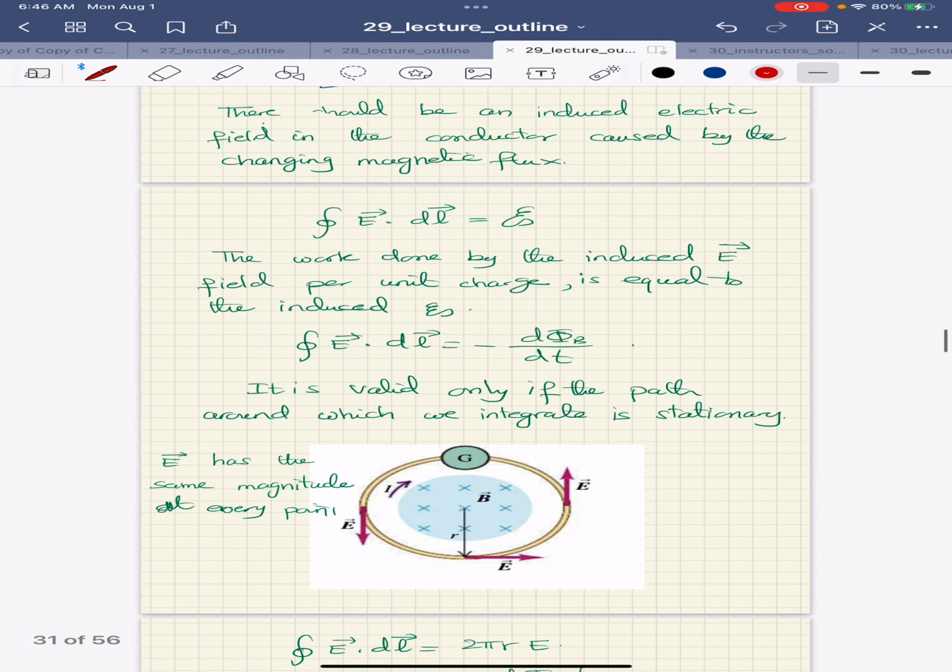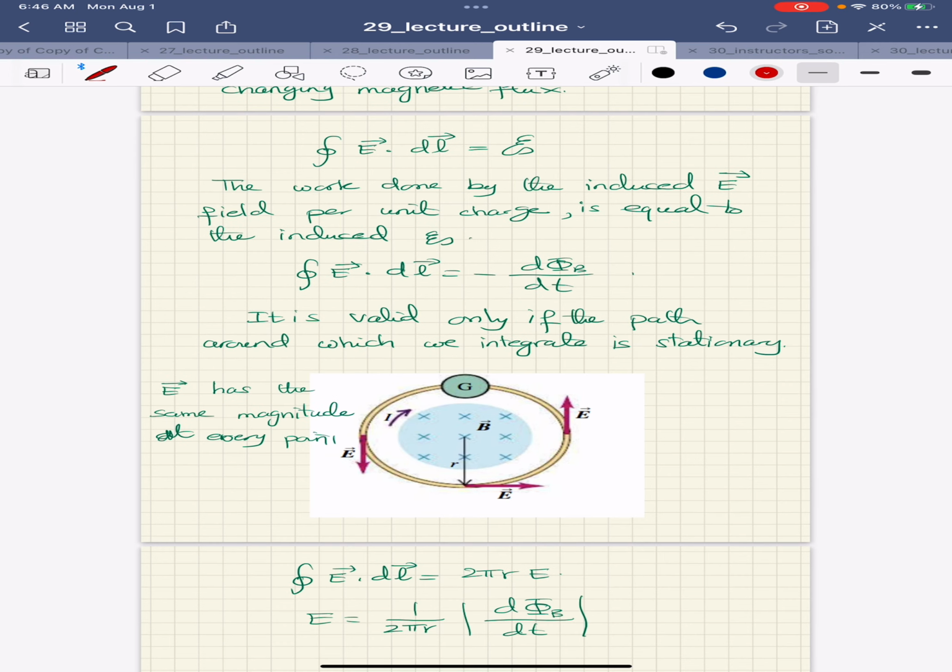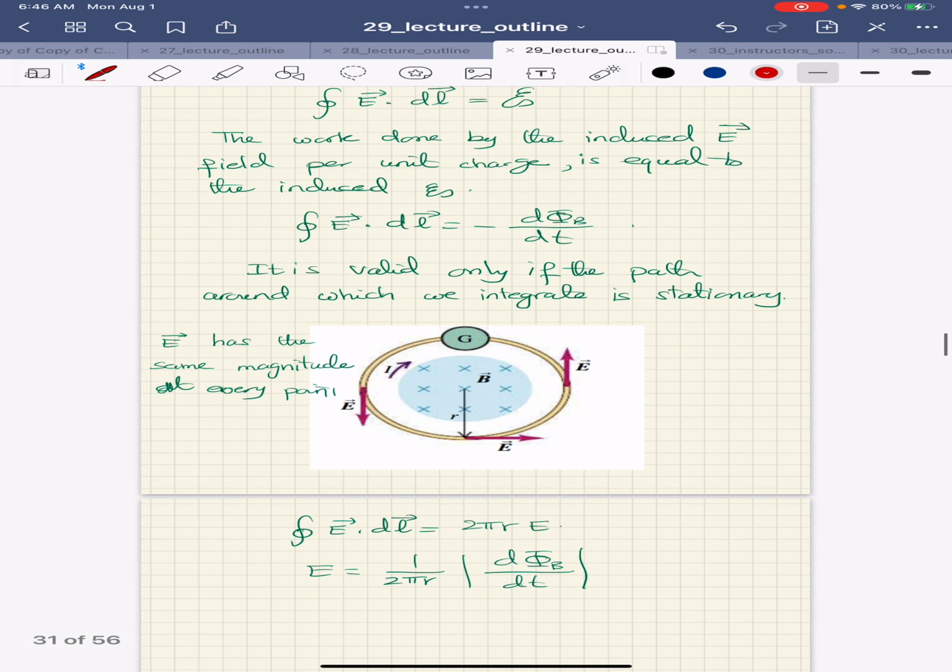E has a constant magnitude at any point and is tangent to the loop. Finally, dl integrates to the circumference of the circuit, which is 2 pi r. So this is the induced electric field that is created in the circular loop.